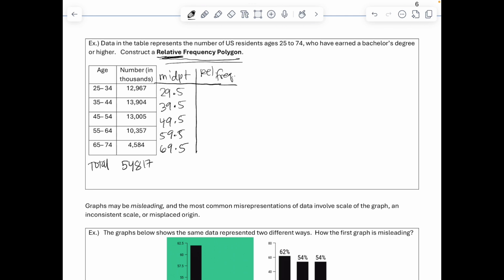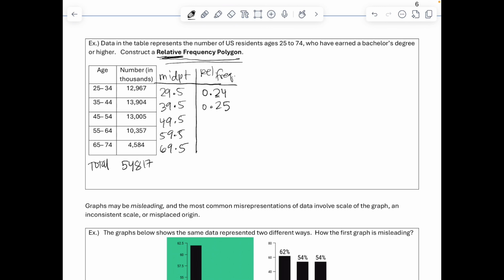And so dividing our first class frequency, which is 12,967, divided by that total, 54,817, I'm going to go ahead and round to 2 decimal places, and I get 0.24. Likewise, for the next class, it's taking 13,904 divided by the 54,817, and we get 0.25.